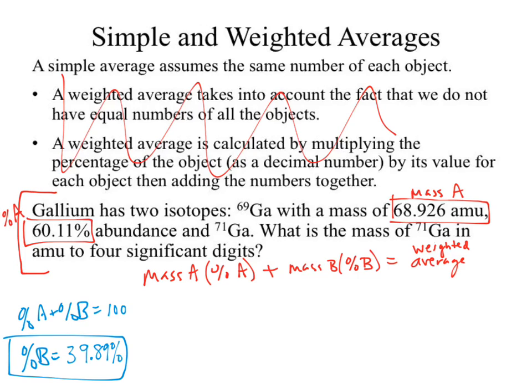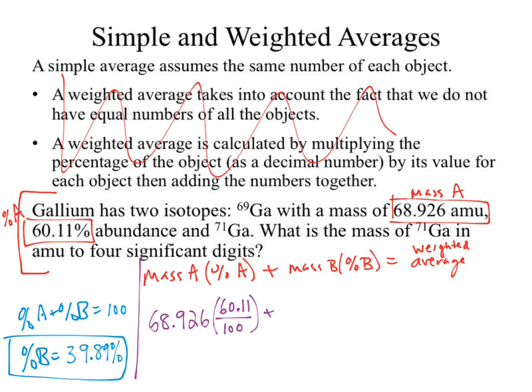So let's go through and actually start to plug and chug with this. The mass of A we said was 68.926. The percent of A was 60.11. If you write it in as 60.11, you have to say percent. Per meaning division, cent meaning 100.